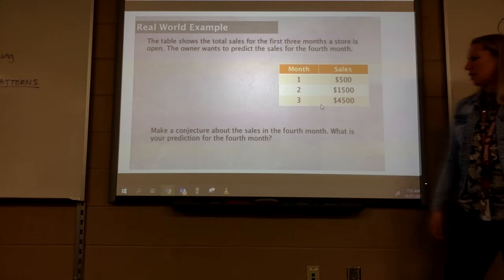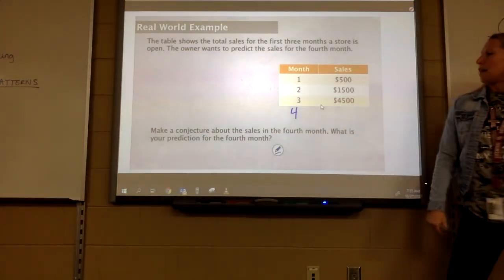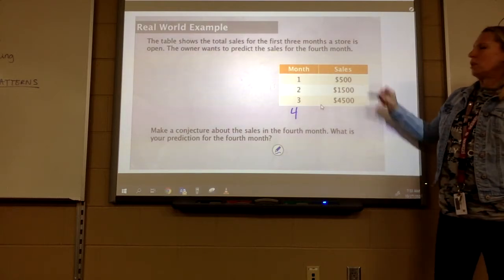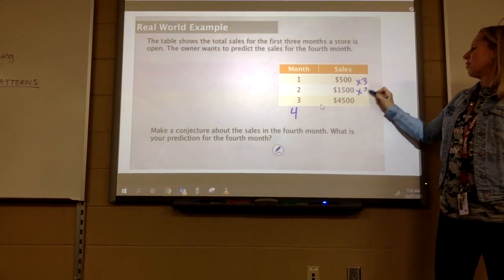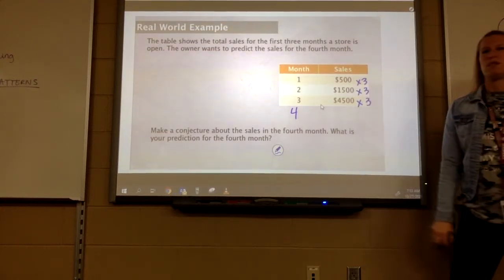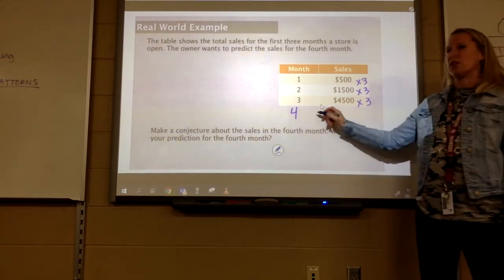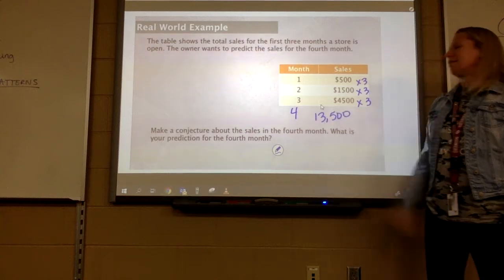If this pattern continues, what would the sales be in the fourth month? What is that pattern? What are we multiplying by? You multiply by 3, by 3, by 3. So what's 4,500 times 3? 13,500. Yeah, good.